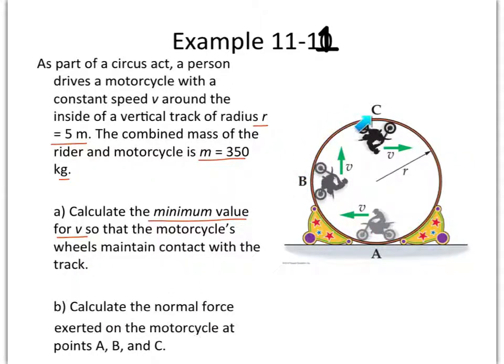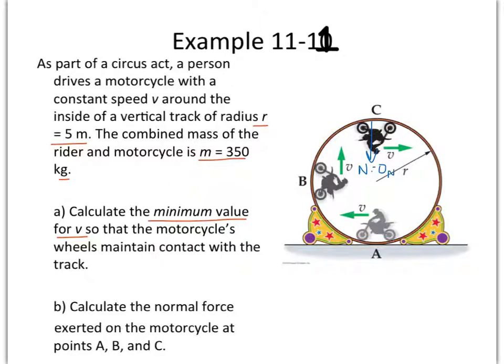So where are the wheels going to have the least contact with the track? Well, probably at the top, right? In fact, at the top, if he's just barely touching the track, the wheels are touching but it isn't really creating any force between the track and the wheels, then we can say that the normal force equals 0 newtons.